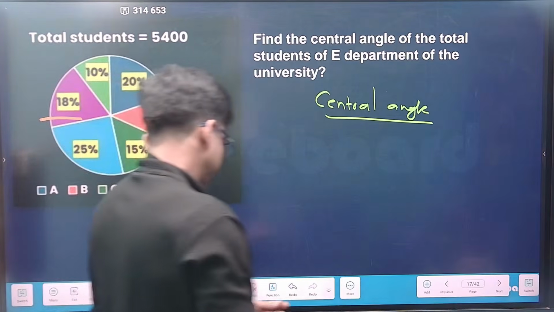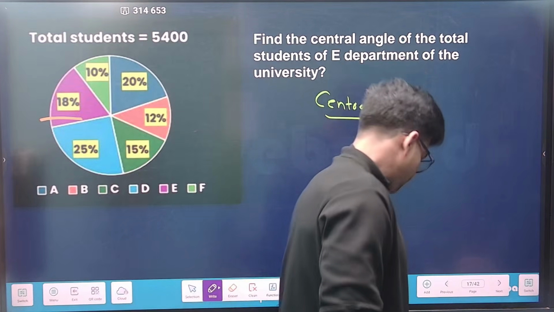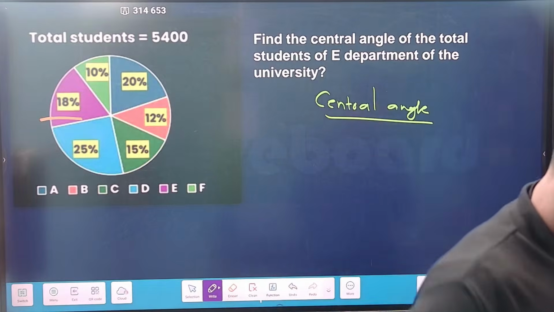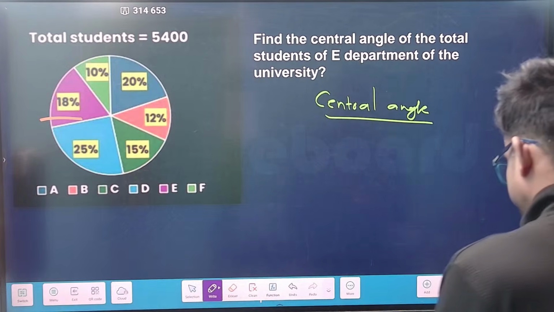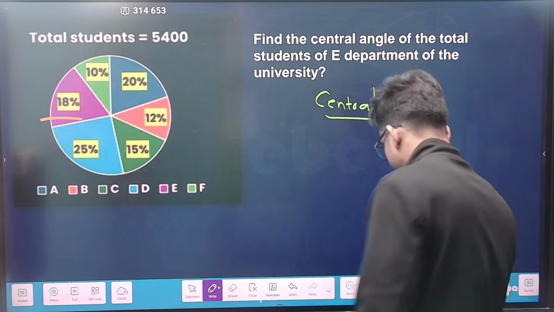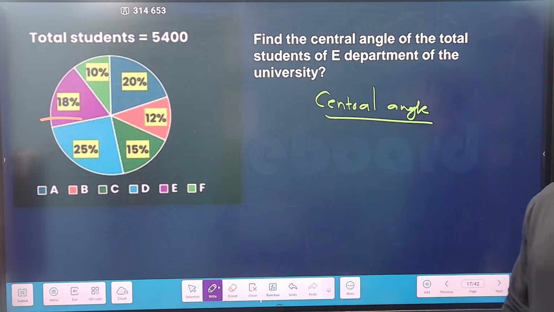Come on, solve. This question you guys can solve. This is not like rocket science. Come on, everyone. This is an easy one.